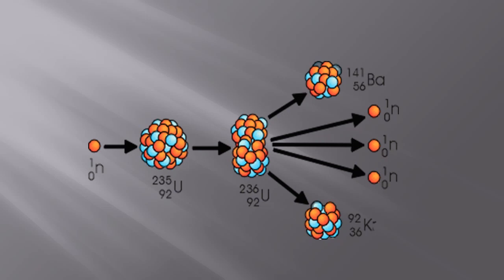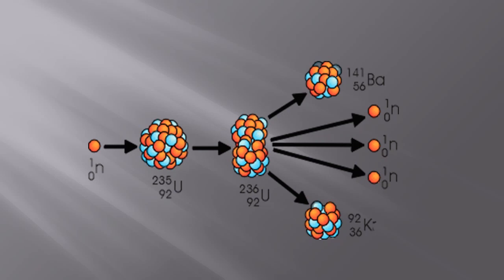On decreasing their speed, these neutrons bring about fission of more uranium-235 nuclei. In this way, a chain reaction of nuclear fission takes place. A large amount of nuclear energy is released during a chain reaction of fission.